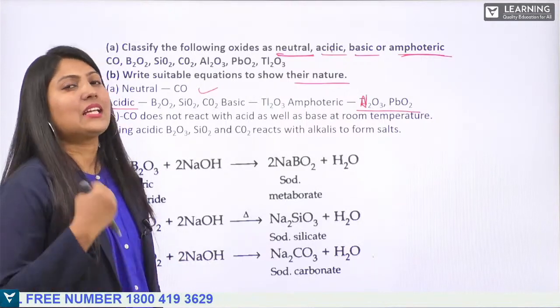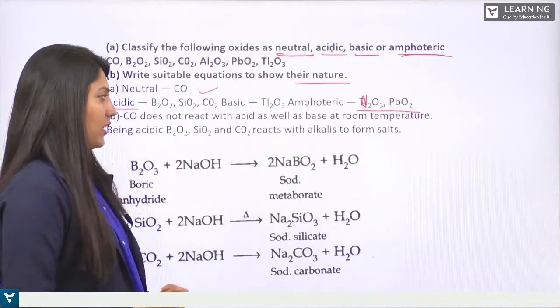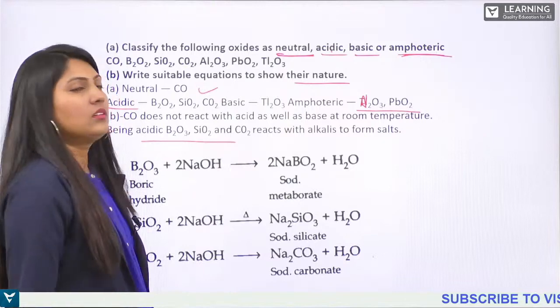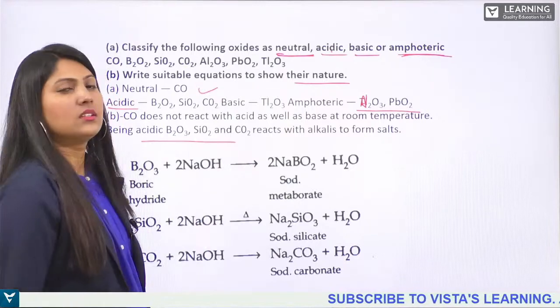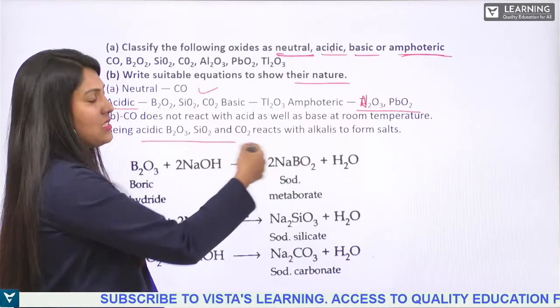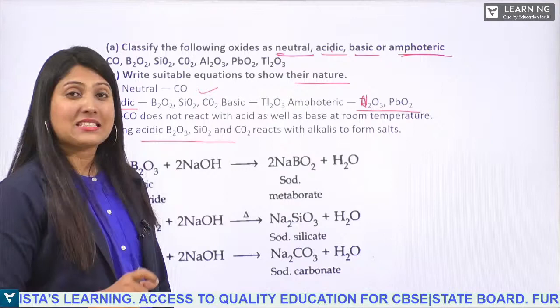If it reacts with both acid and base, we can consider it as amphoteric in nature. These three oxides react with alkalis, that is base, to form salt, so they are considered acidic in nature.